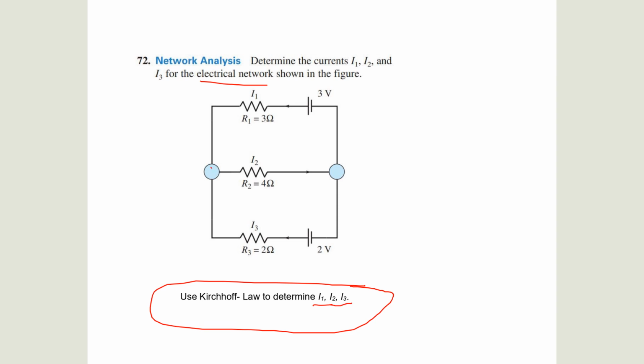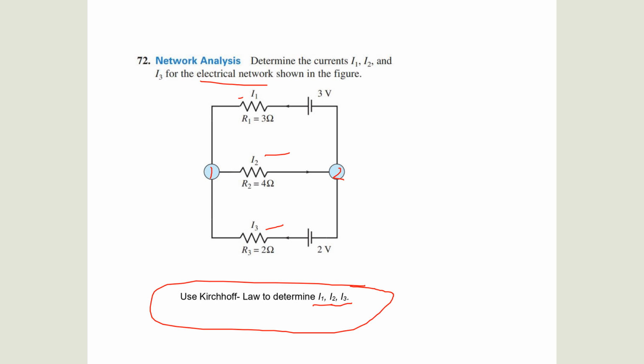This is our junction 1 and junction 2, right? Let's observe the direction of the arrows of I sub 1, I sub 2, and also I sub 3.